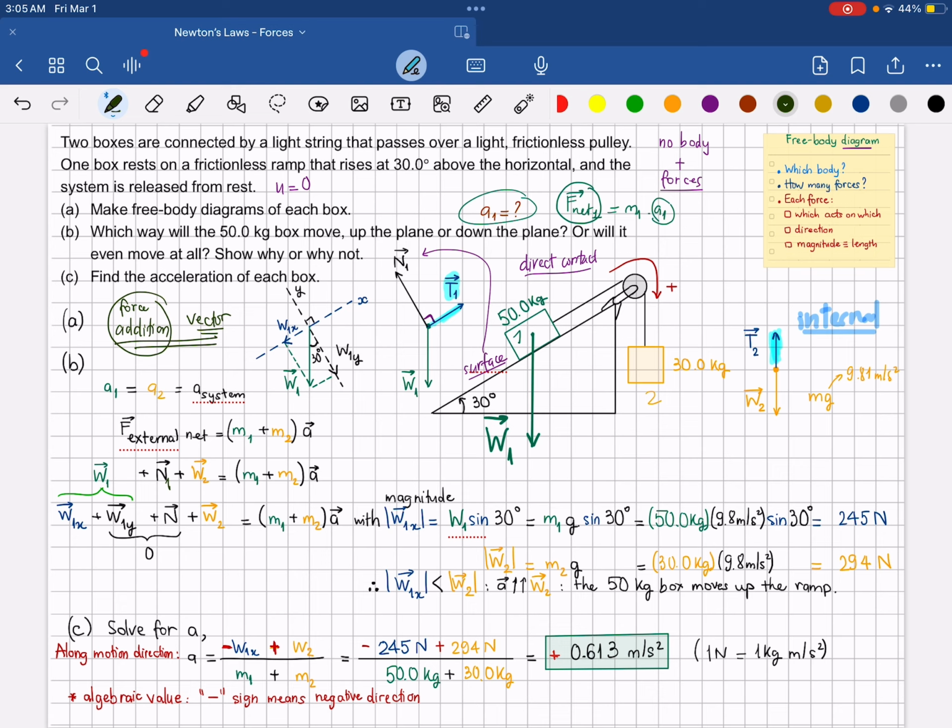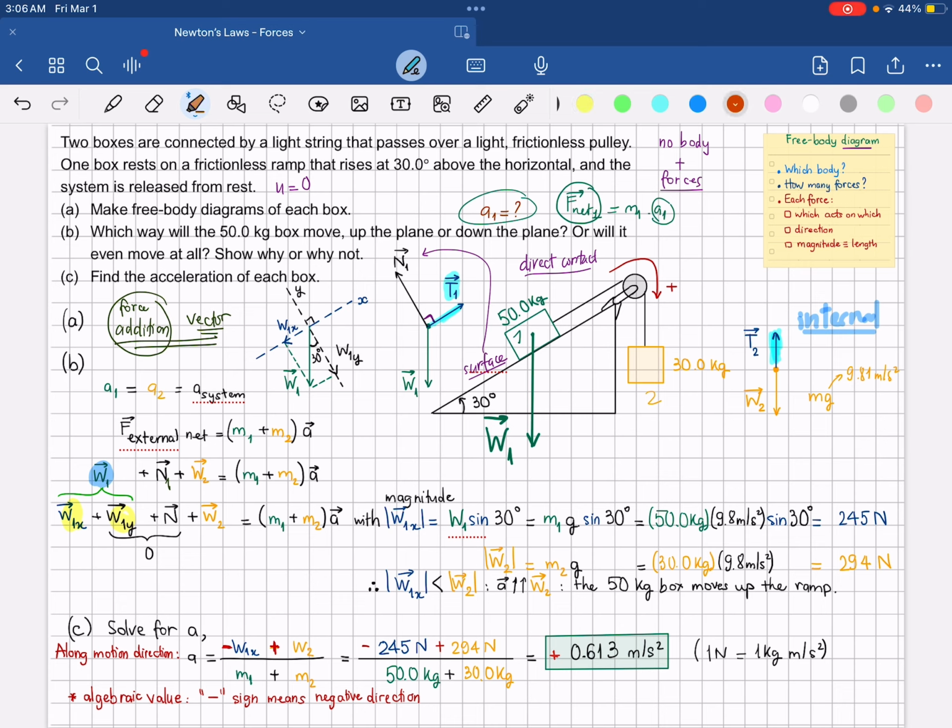So people do it by experience: we can resolve this weight 1 into 2 components, x and y. So what are the components? Okay, this is a tip.